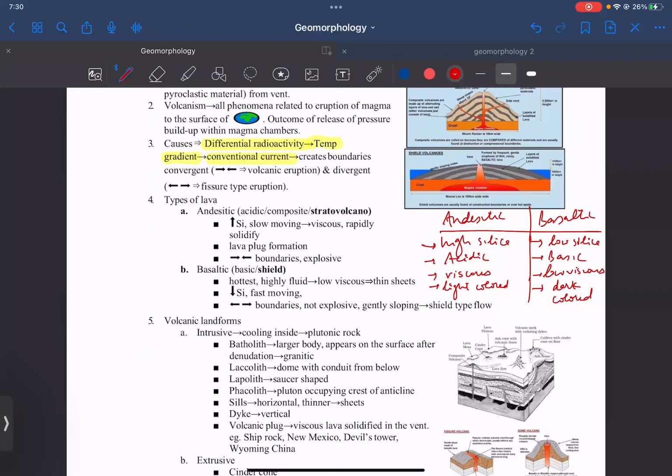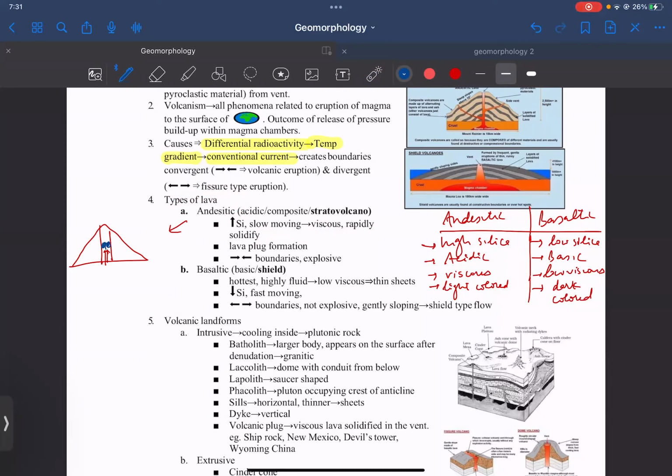Okay. So andesitic, acidic, they are viscous, so they are slow moving. So they rapidly solidify. Now in case of andesitic, what you need to keep in mind. Now see, suppose this is a volcano. If magma is rising, now we know it is slow moving. So what would happen? Some magma will start depositing. In future also it will deposit.